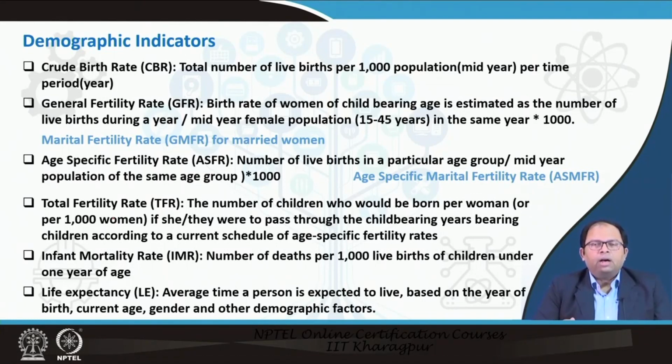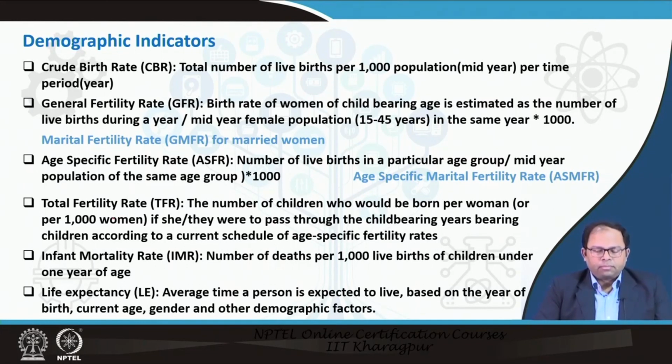And when a woman passes through the entire childbearing years, from 15 to 45, and survives during the entire period, the total number of children who could be born during that period is the total fertility rate. And then comes the infant mortality rate, that is the number of deaths per 1,000 live births of children under 1 year of age.